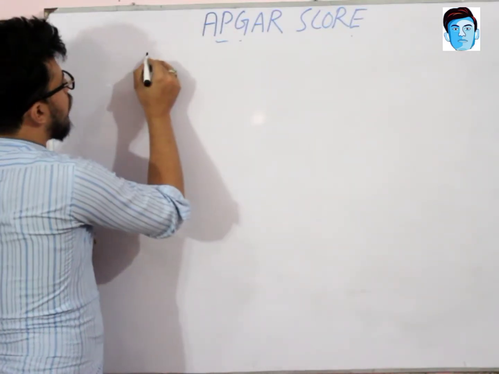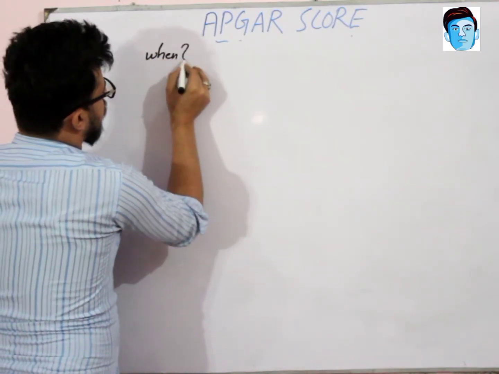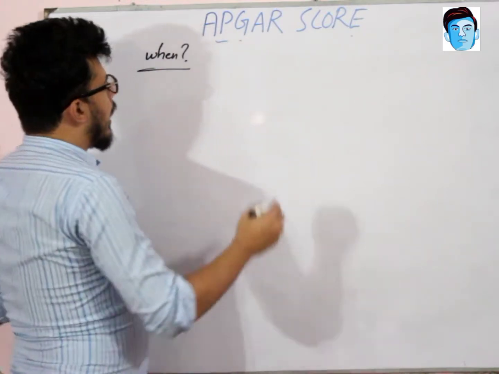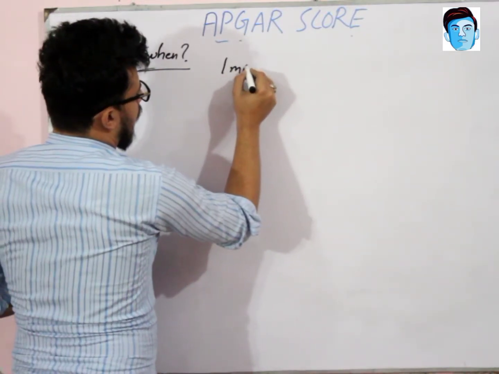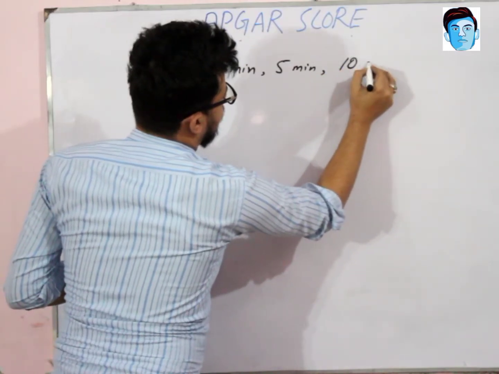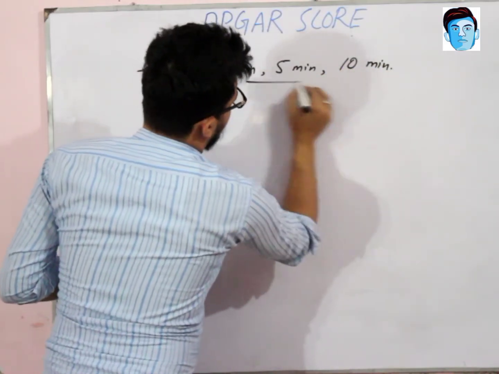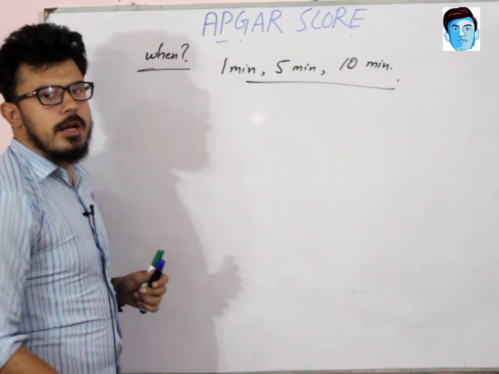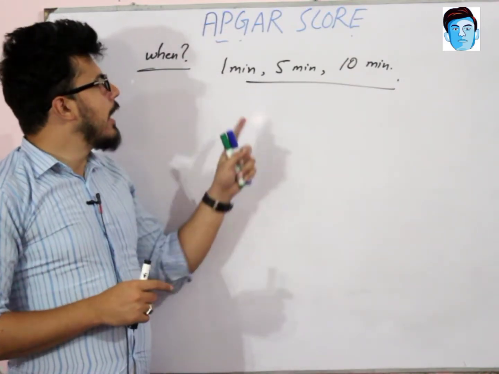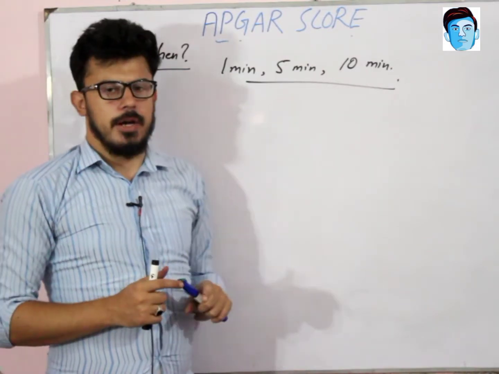So APGAR scoring is done just after the birth of the baby at 1 minute, at 5 minutes and at 10 minutes. So this is important. APGAR scoring is done in a baby after birth at 1 minute, 5 minutes and 10 minutes.